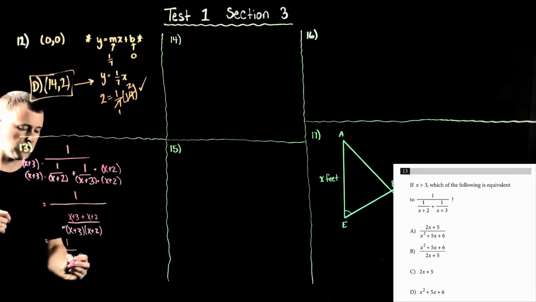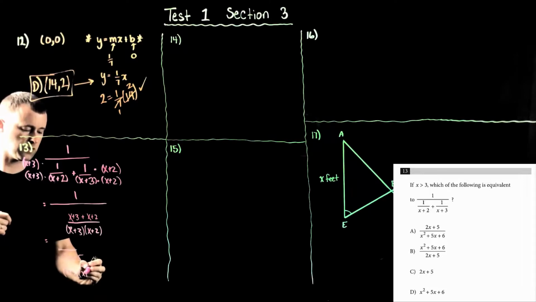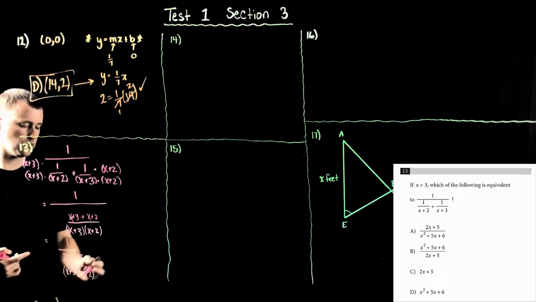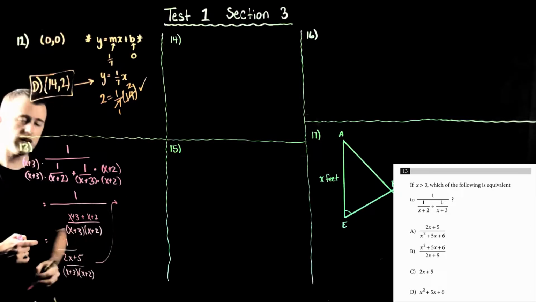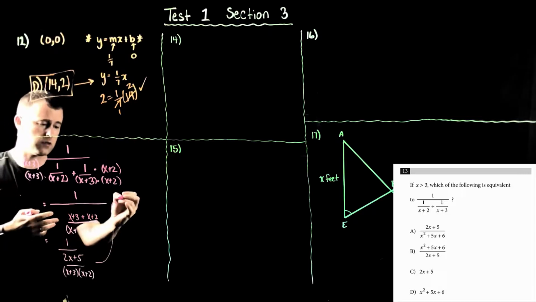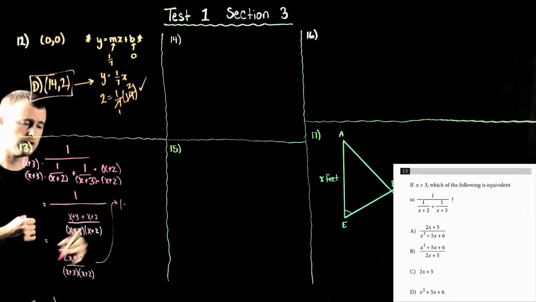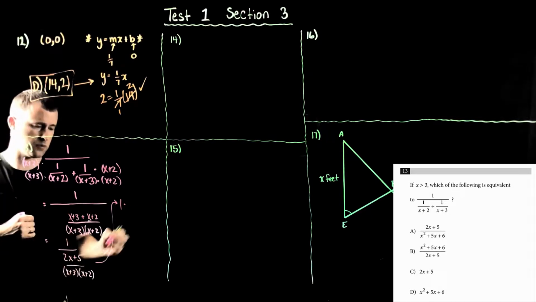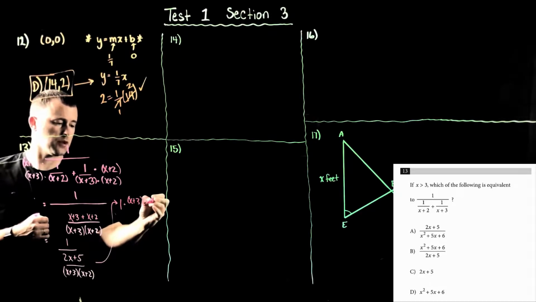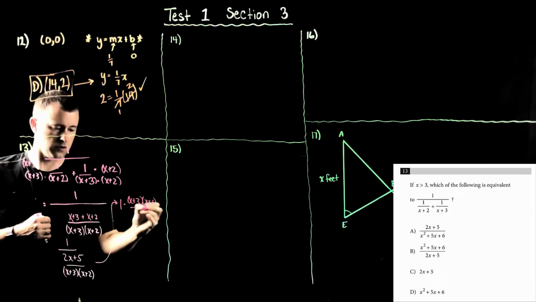This is all over x plus 3 and x plus 2. So now that I have all this, it is 1 over this, so we're going to keep, change, flip. So that means I'm going to keep the 1, so it becomes 1 times, keep the 1, multiply by the reciprocal. So x plus 3, x plus 2 over 2x plus 5.